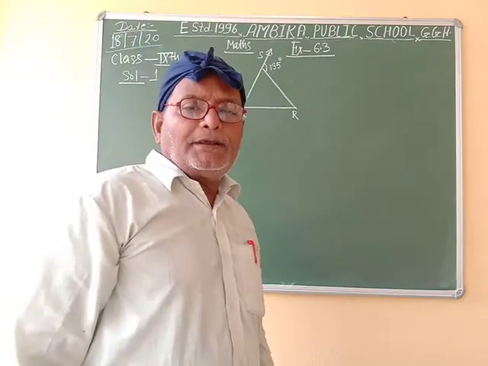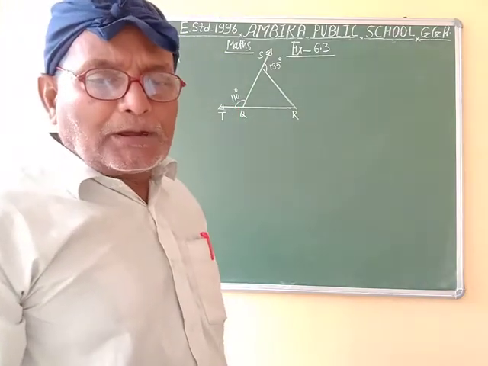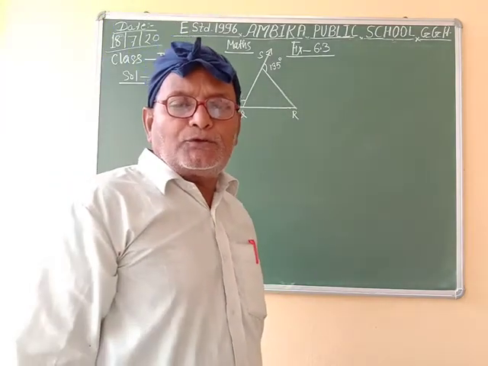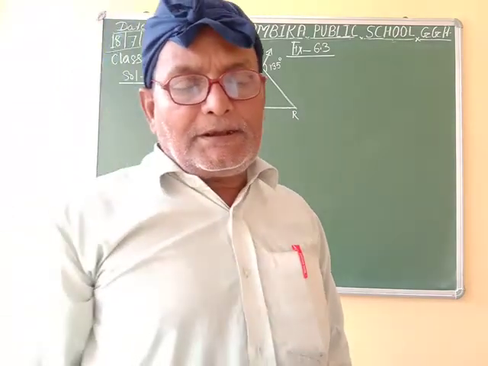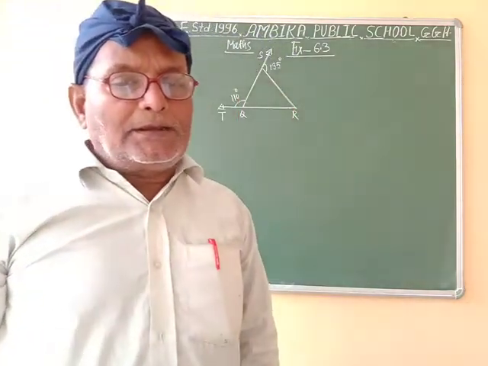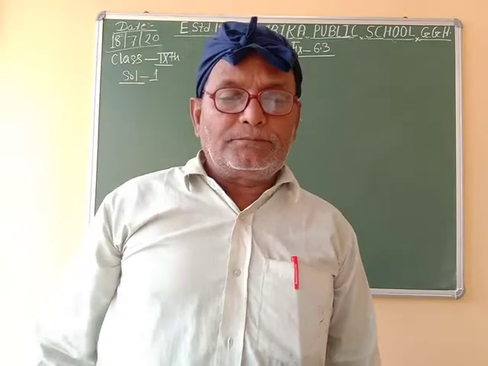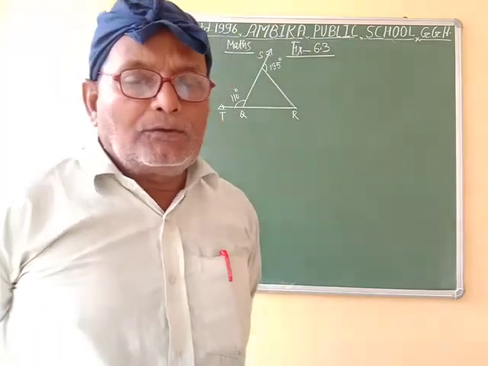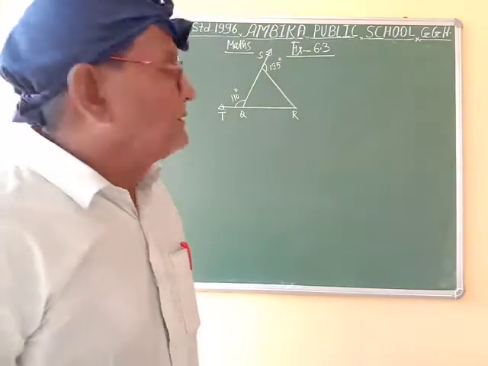In the given figure, sides QP and RQ of triangle PQR are produced to points S and T respectively. Angle SPR and angle PQT are given. We have to find angle PRQ.